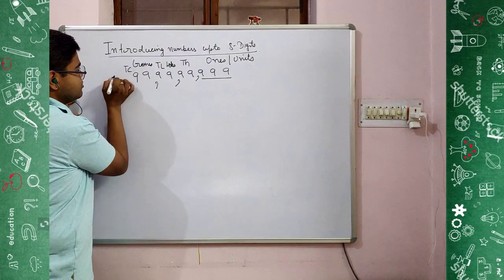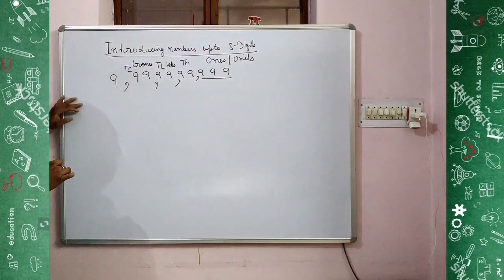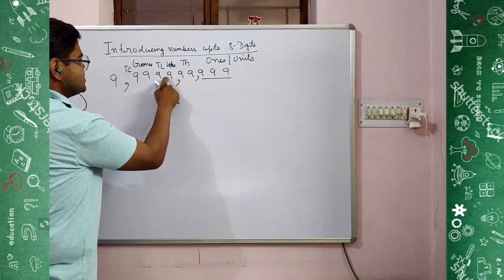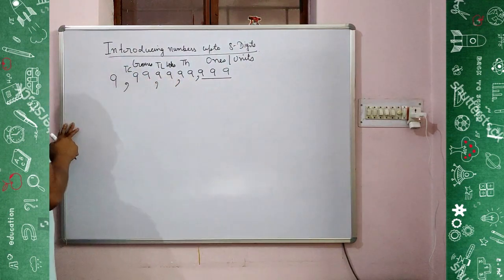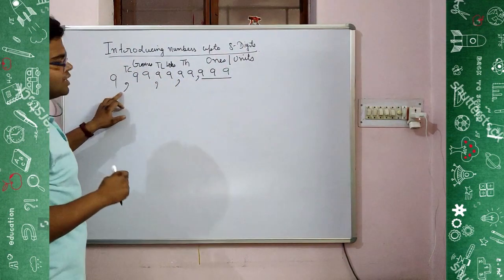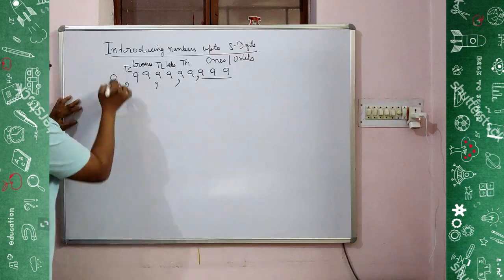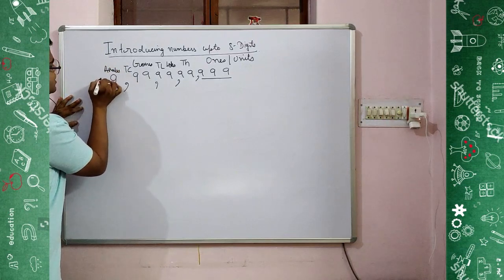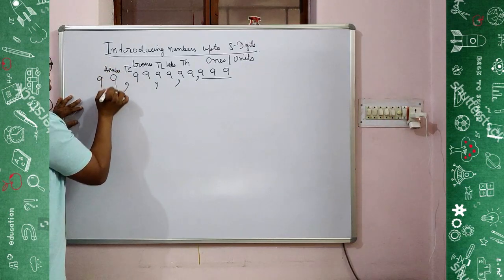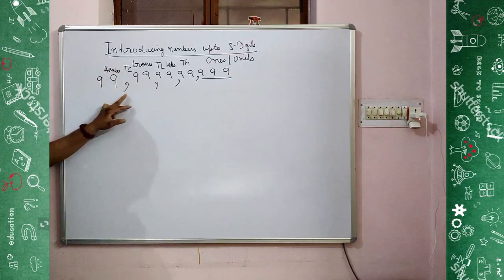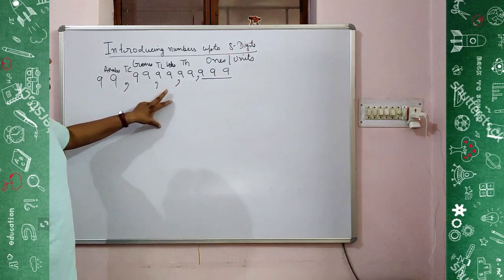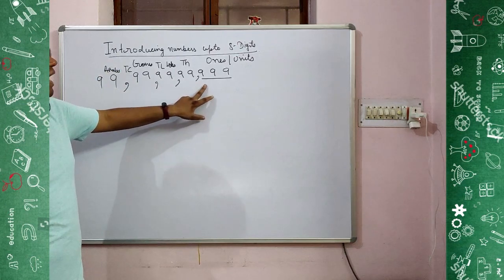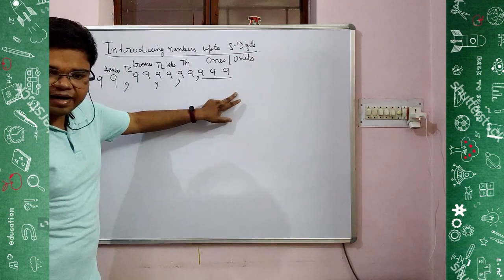And if we add one more 9 here, how many digits will this number have? 1, 2, 3, 4, 5, 6, 7, 8, 9, 10. And this 10-digit number will be your 9 Arab. So this will be your Arabs. And if we add one more 9 here, it will become 99 Arabs, 99 crore, 99 lakh, 99,999, children.